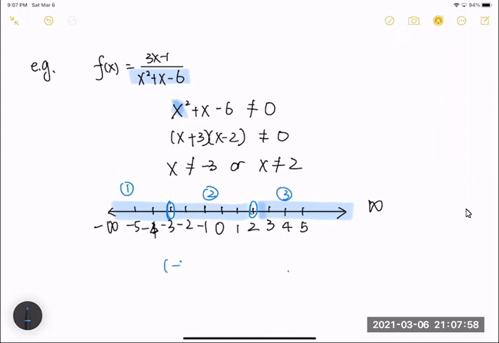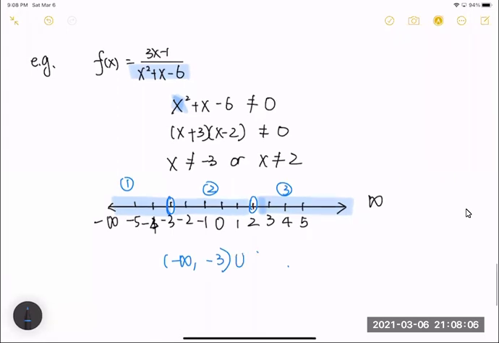The first part is from -infinity to -3, not including -3, because x can't equal -3. Union -3 to 2, union 2 to infinity. So this is the domain for this equation. x is inside this interval, any number.